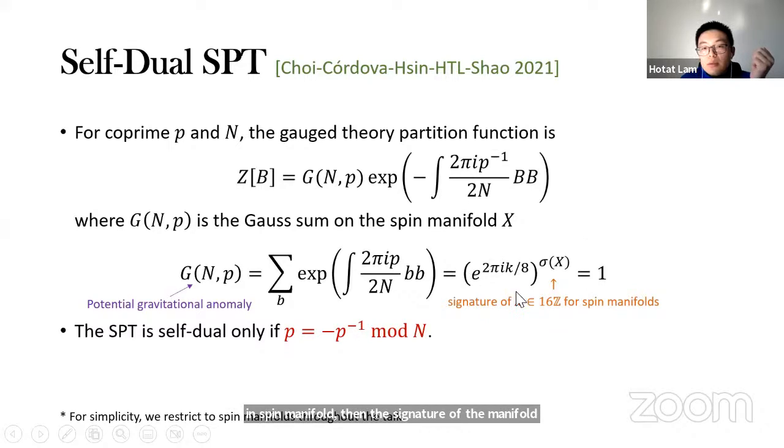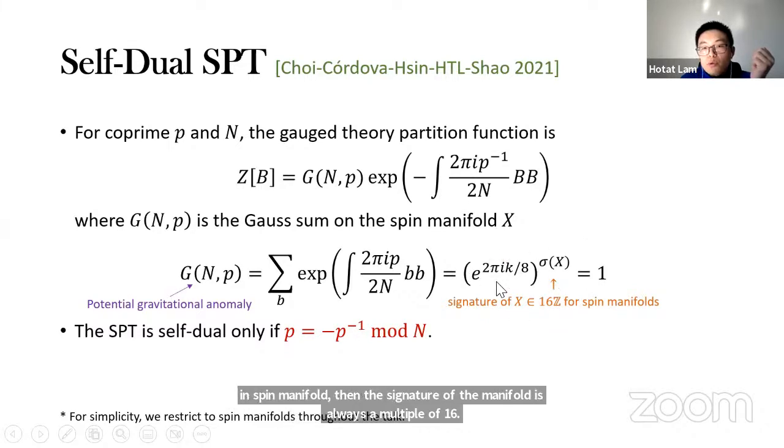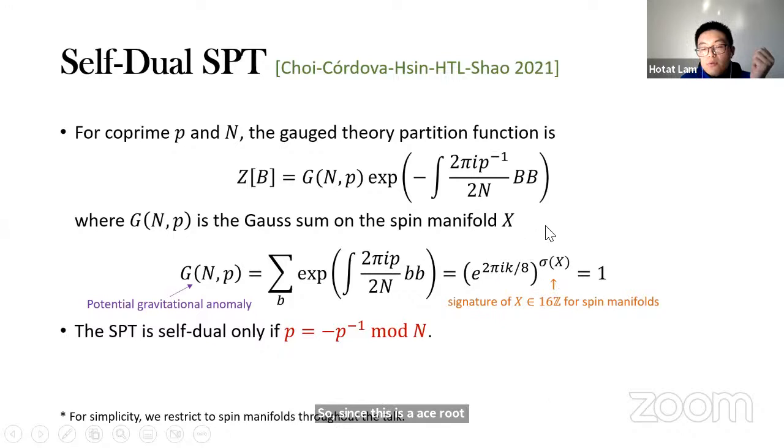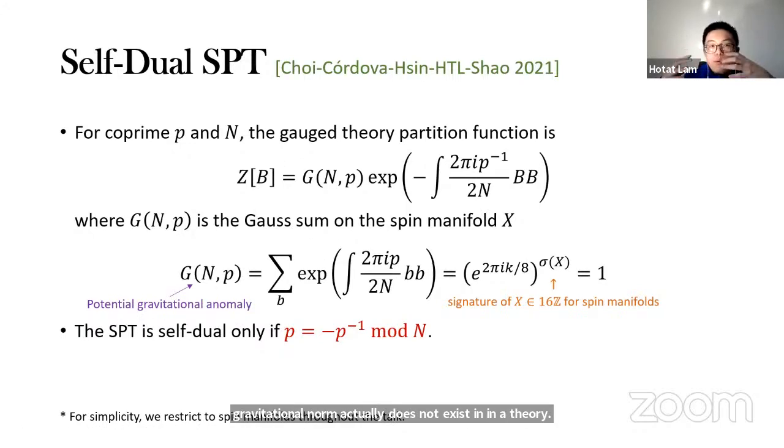Since this is an eighth root of unity to a power of 16, it's always 1. So the potential gravitational anomaly actually does not exist in the theory. This is very good, because we intuitively expect that an SPT that preserves duality symmetries should have a trivial mixed duality and gravitational anomaly.